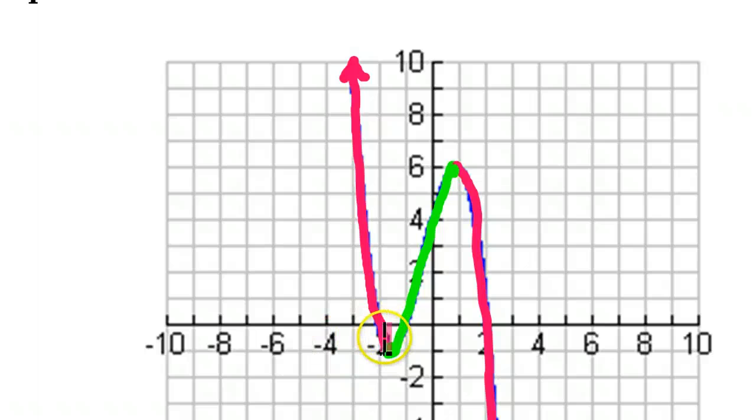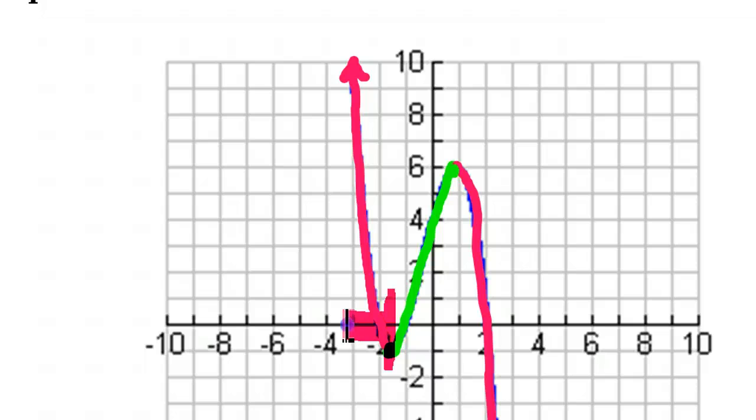This is the end of my decreasing interval right here, because here's where it switches. Remember, I'm only looking at the x-axis. If I want to see how far the decreasing interval goes to the left, well, this goes to negative infinity. Ignore the upward pointing arrow.